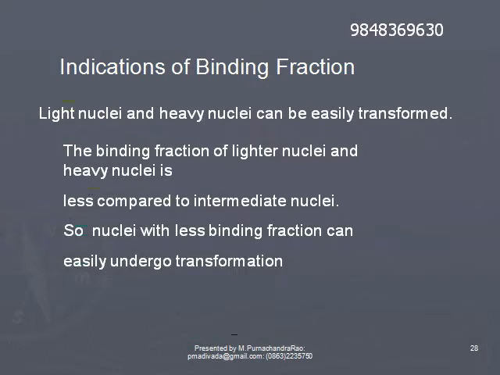Compared to iron, uranium and other elements like carbon have less binding fraction. So we can conclude that these nuclei can be transformed more easily than iron nuclei.